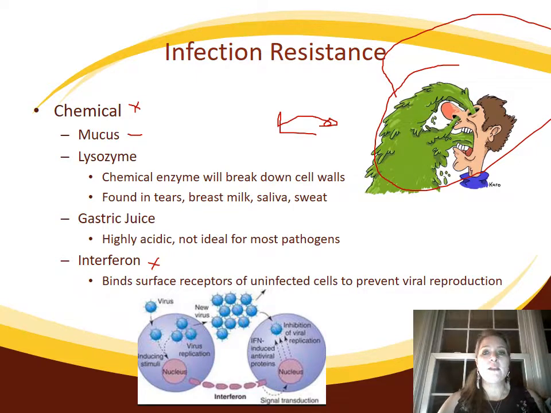So these little interferons sit here and block off the areas of a cell that would typically be bound to these viruses. So the virus tries to get in, and they're like, no, dude, can't come in, can't play, can't stay here.